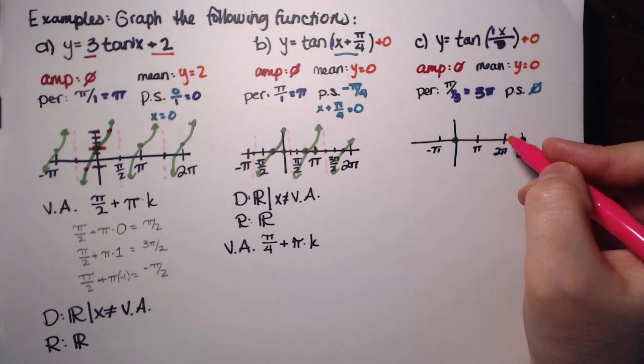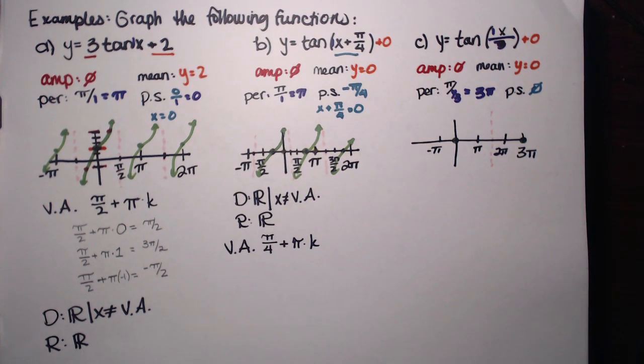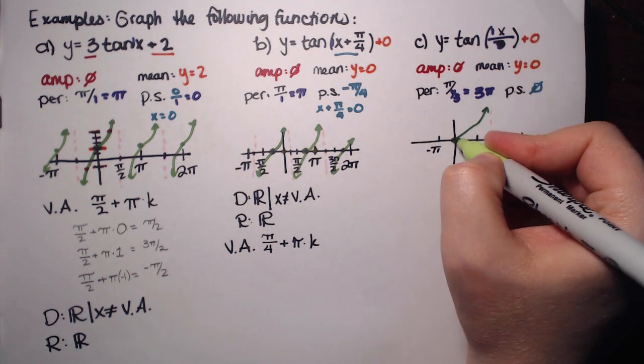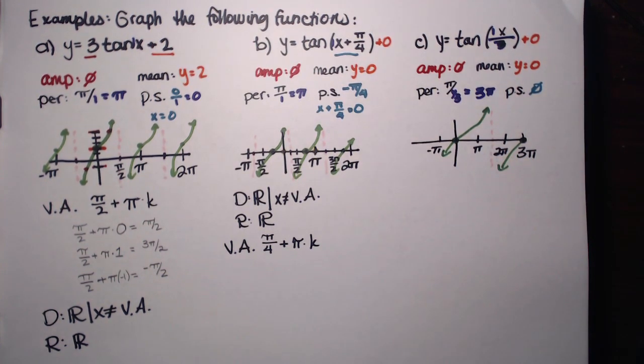But halfway between I don't have a mark. That's okay. I can just put it there. And then it's an increasing function. So I'm not getting a whole lot on there, but that's still what it's doing.